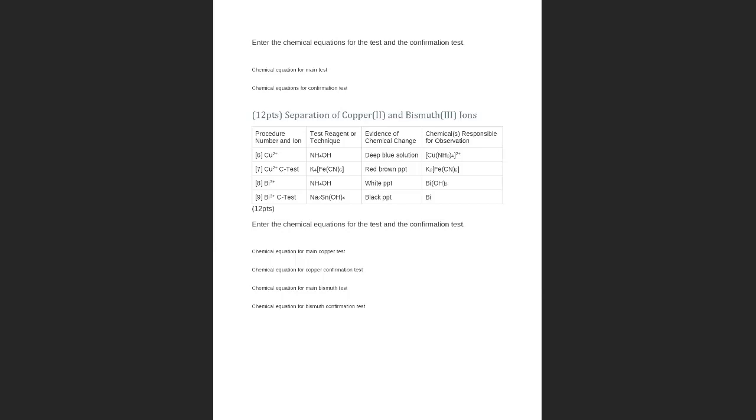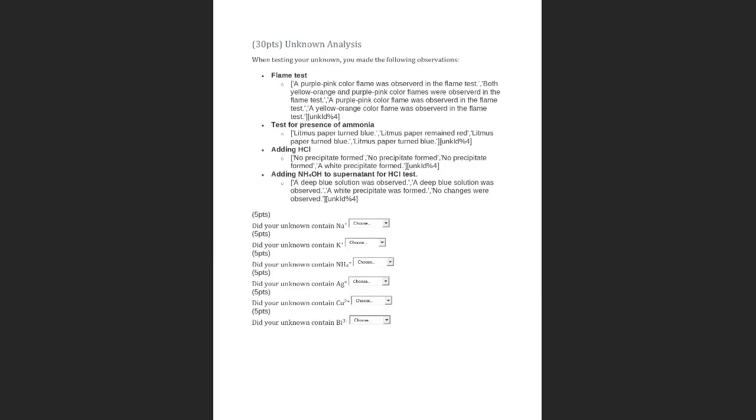So that's basically all it is going to ask. And then at the end, you will have to say, now you know what the signals are, the changes in color for the 6 ions.